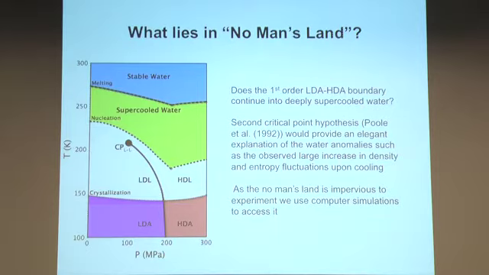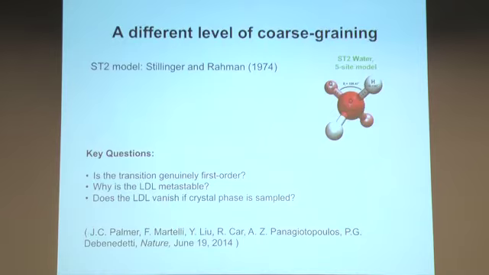So, as the no man's land is impervious to experiment, we use computer simulation to access it. And as in several places in my talk, the Aneesur legacy is present, we use now a different level of coarse graining. In this case, we have a real molecule, no longer just a continuous random network as in the model that I described before.